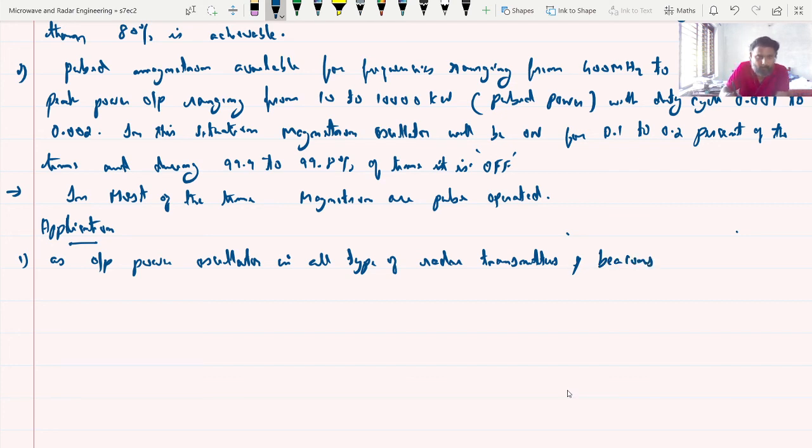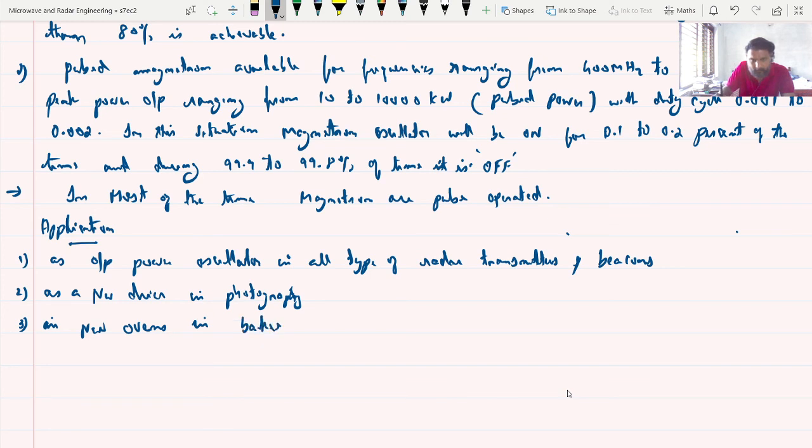Okay, second, as a microwave dryer in photography, and other related application. The third one is used in microwave oven in bakers, and in physical and chemical laboratories also.